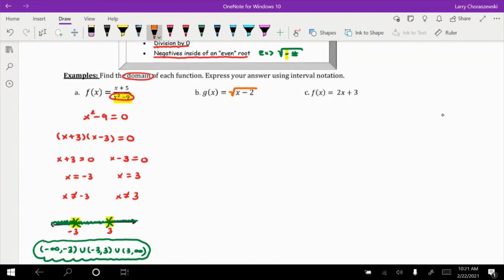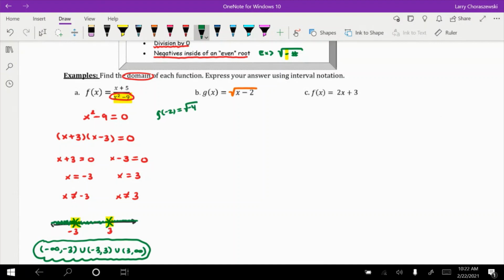Can anybody think of a value of x that we probably can't plug in to the function g of x? We could plug 2 in, because the square root of 0 exists.